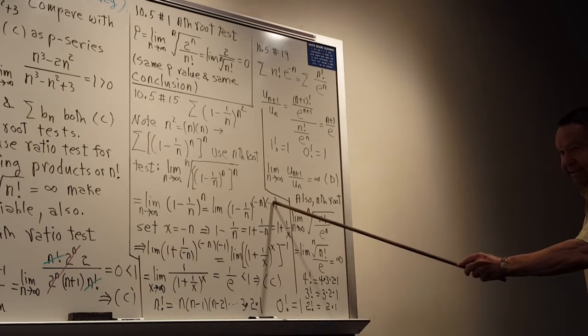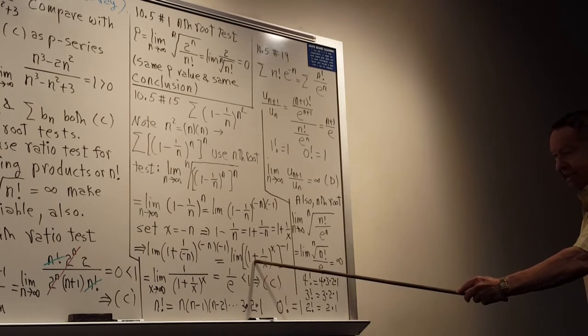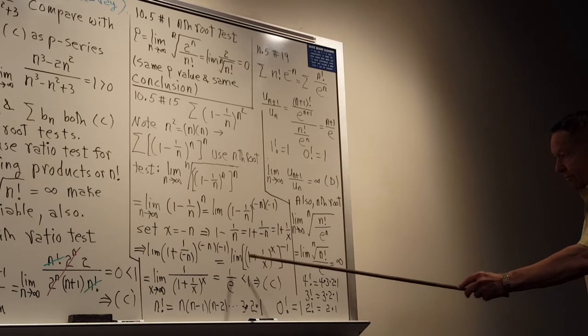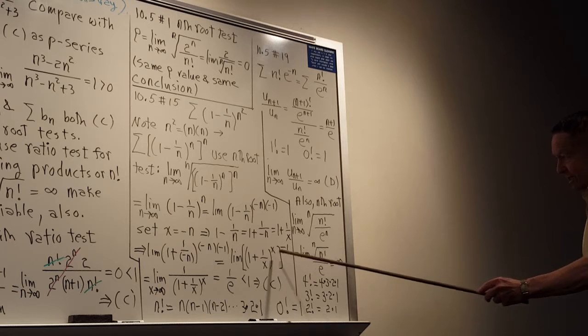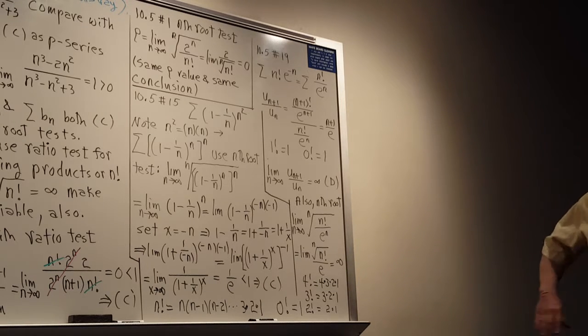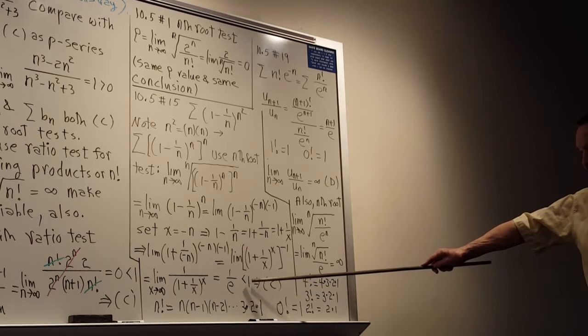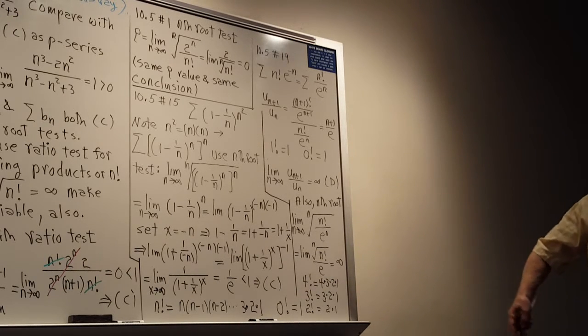And then this minus 1 is this one. Okay, that limit is e. So what you have is limit here, which is e to the minus 1 power. So 1 over e. And 1 over e is less than 1, so the original series converges.